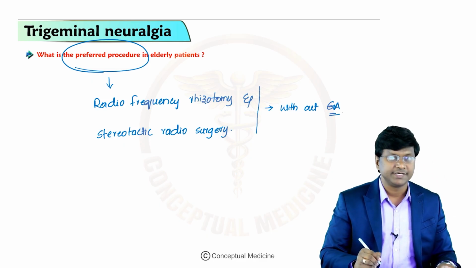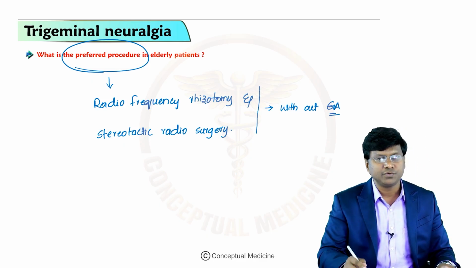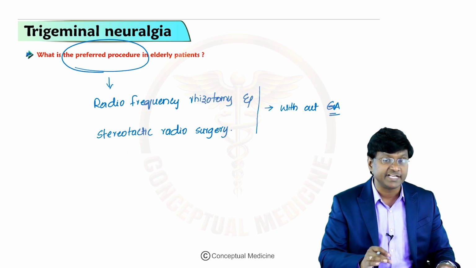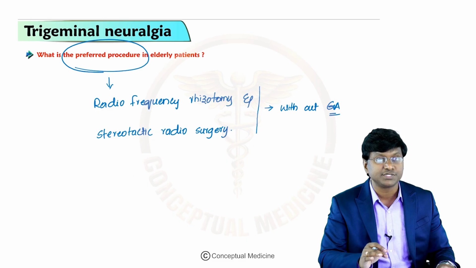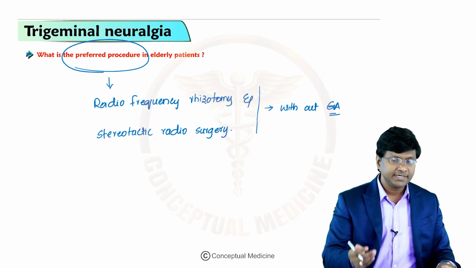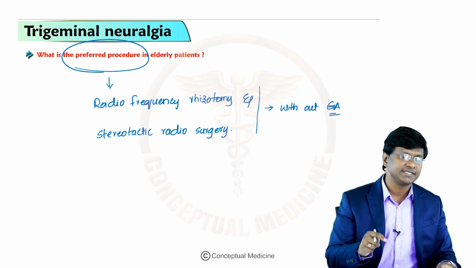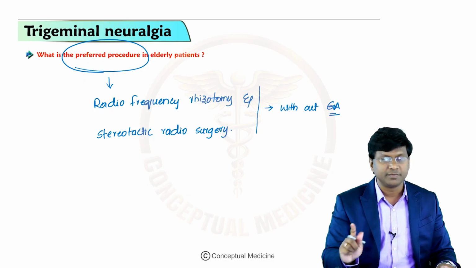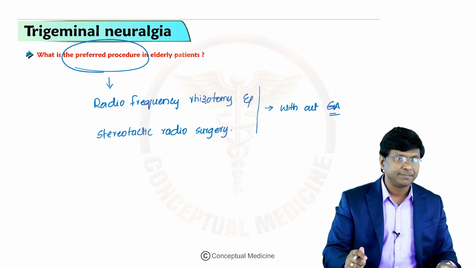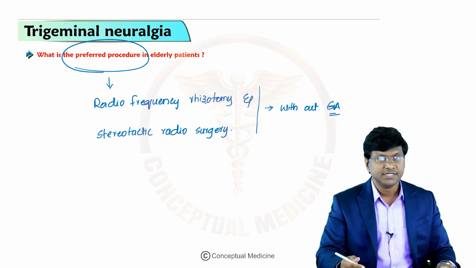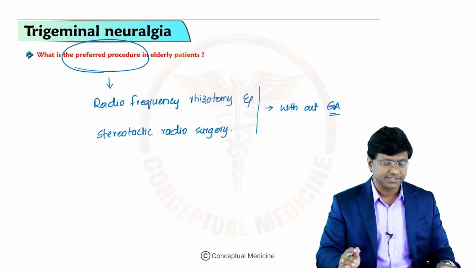Surgical exploration is inappropriate in patients with trigeminal neuralgia due to multiple sclerosis. If the trigeminal neuralgia is due to multiple sclerosis, surgical treatment should not be done. So the preferred procedures in elderly individuals are radiofrequency rhizotomy and stereotactic radiosurgery.